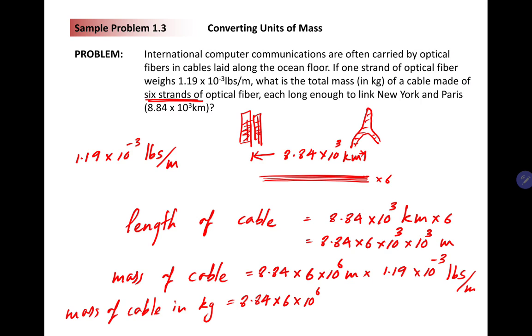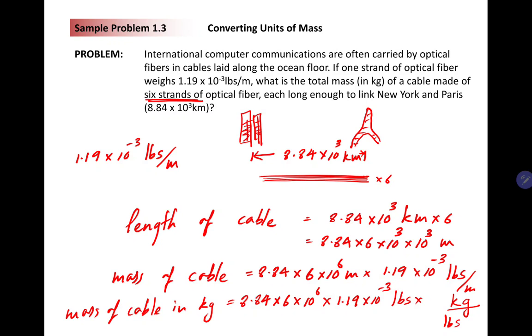Meters to meters cancel out, so don't even bother writing it. Times 1.19 times 10 to the power minus 3. I wrote all the numbers. This is in lobes, but I want it in kilograms, so I need the kilograms on top and lobes at the bottom.